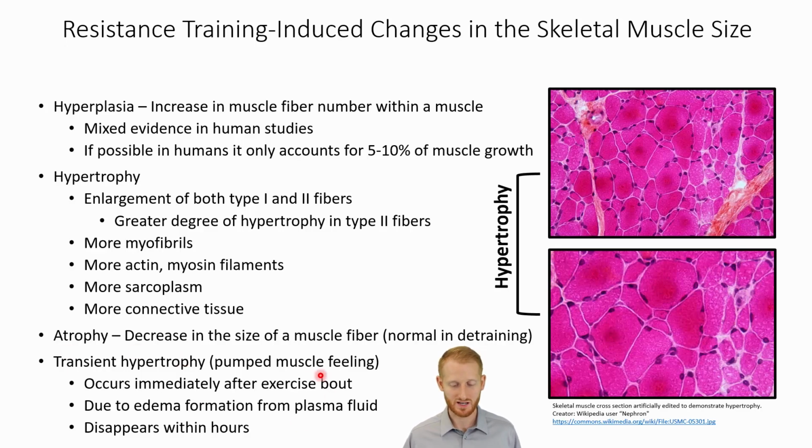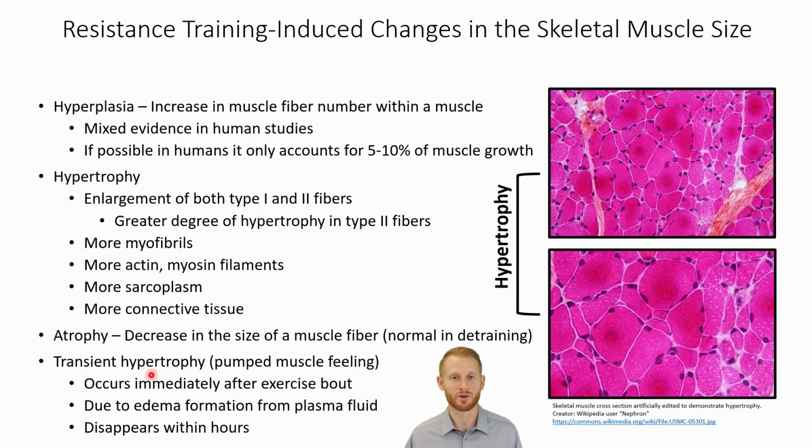Another term that we just need to cover here is called transient hypertrophy, or the lay term for this would be the muscle pump. And this is when you do a resistance training set. Usually it's going to be a higher rep set, and you get a lot of blood flow to the muscles, and the muscles kind of swell up and you feel really big. That is what is referred to as transient hypertrophy.